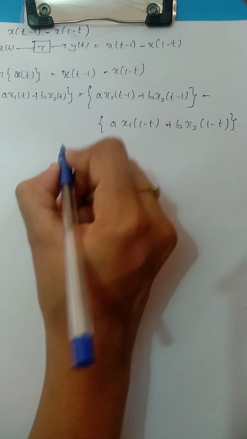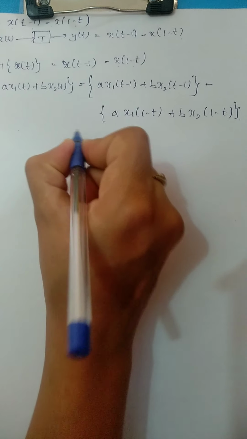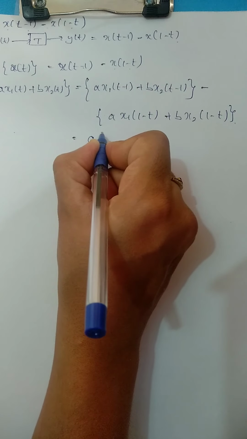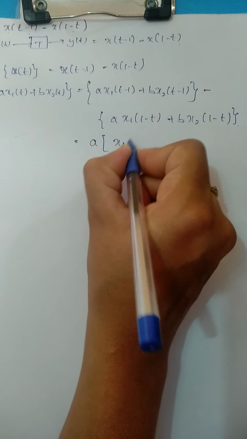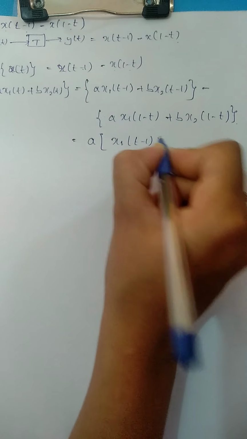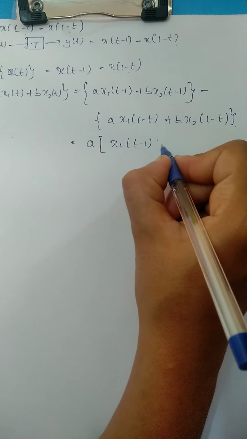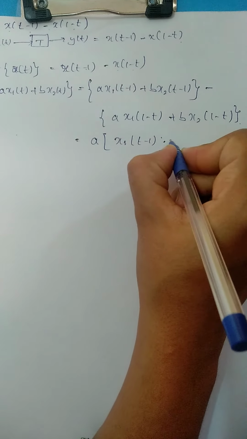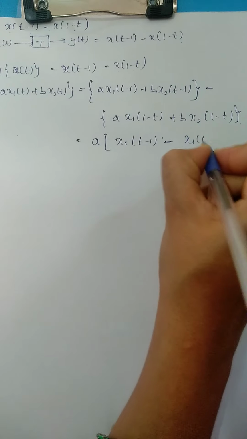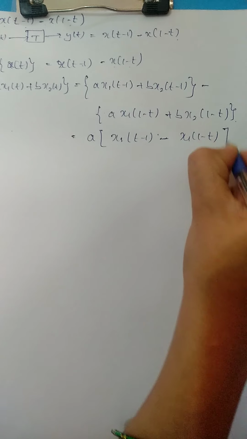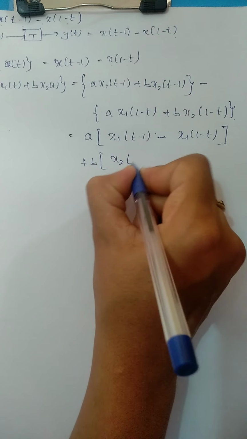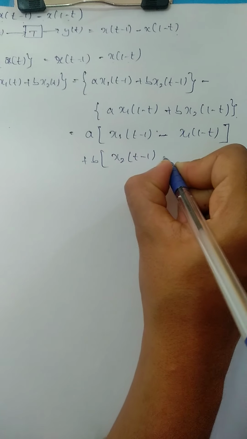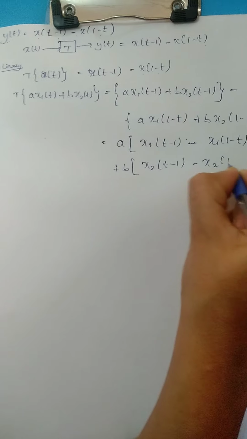So, if we simplify this, here we will get a into x1 of t minus 1 minus x1 of 1 minus t, taking a common, then plus b into x2 of t minus 1 minus x2 of 1 minus t, taking b common.